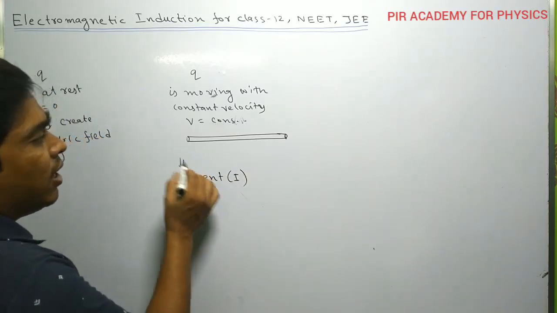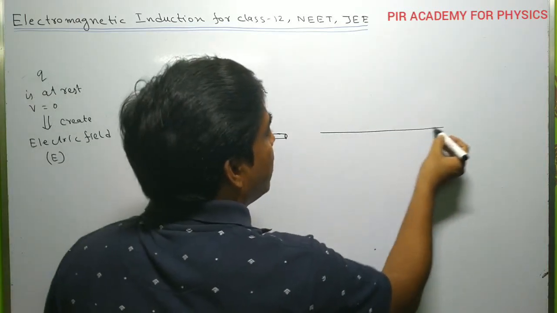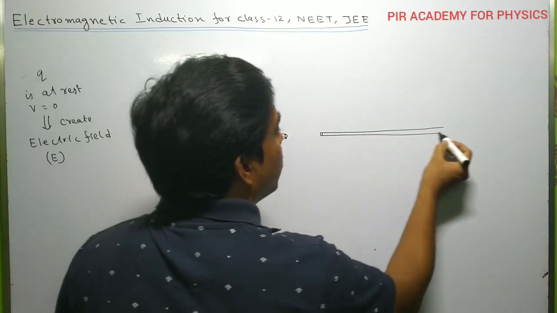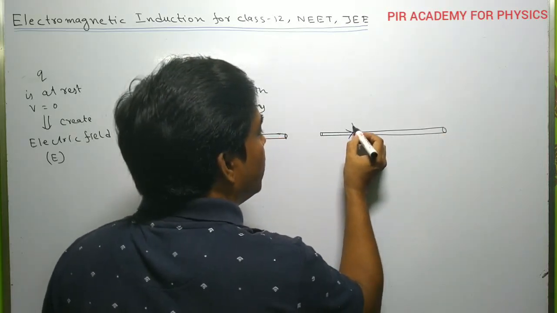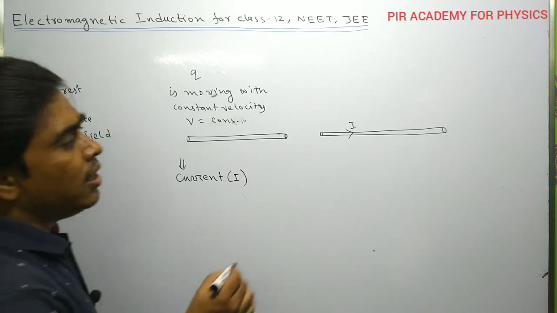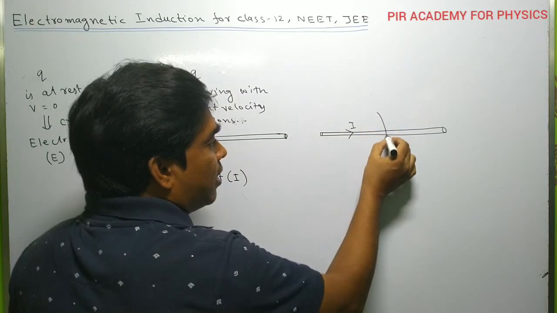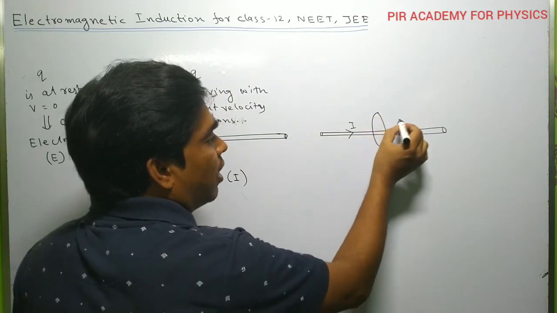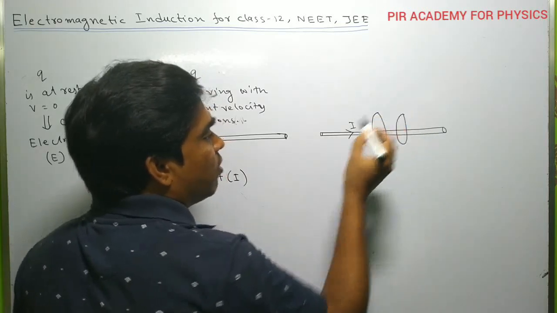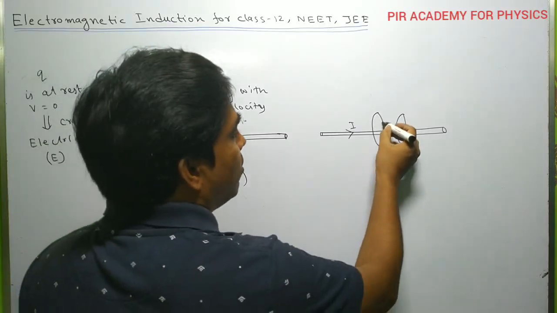And if I place a current carrying wire, suppose the direction of the current is along this direction, then a magnetic field is created around this conductor, along this direction.